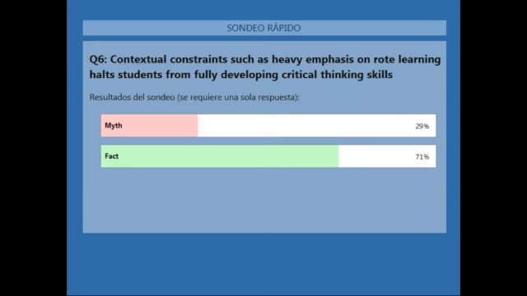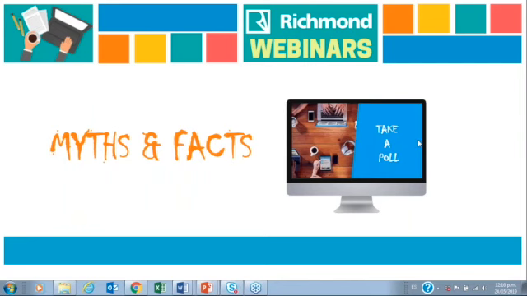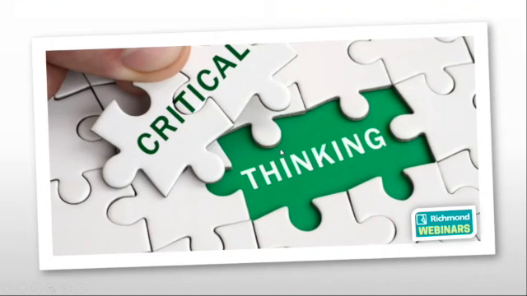So we have different spaces to promote collaboration, to make students interact and communicate. And I think that the use of these thinking skills is a good way to promote all this. Okay, so let's get into our presentation, which is critical thinking.